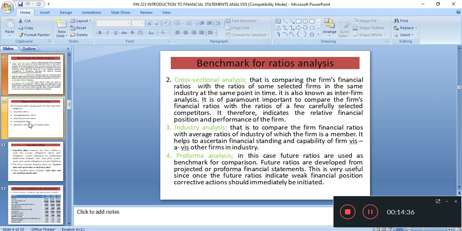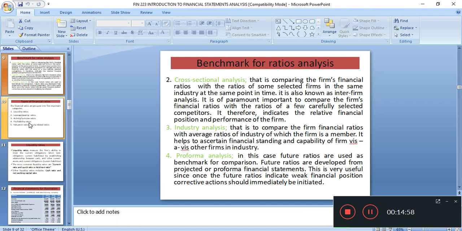Here you are going to make a cross-section, that is comparing the firm's financial ratios with the ratios of some selected firms in the same industry at the same point in time. You are going to select some firms in the industry, and also you continue to make a benchmarking.